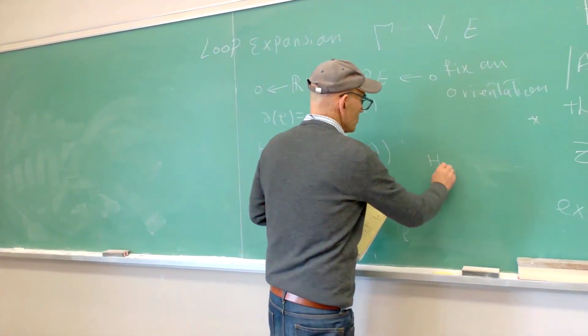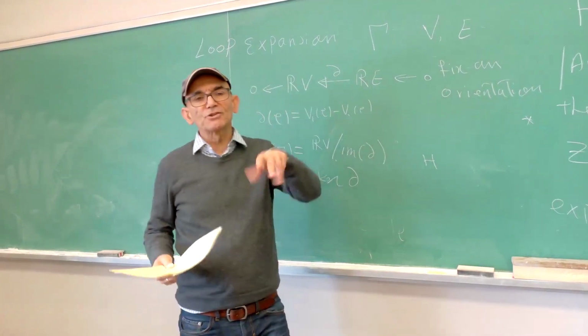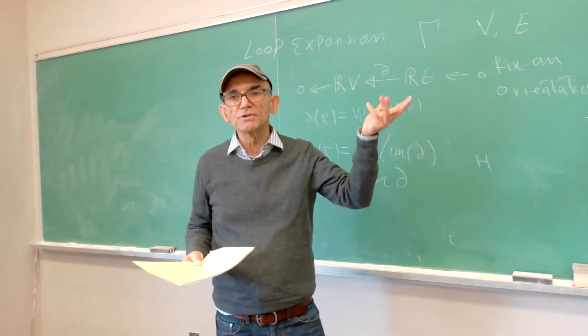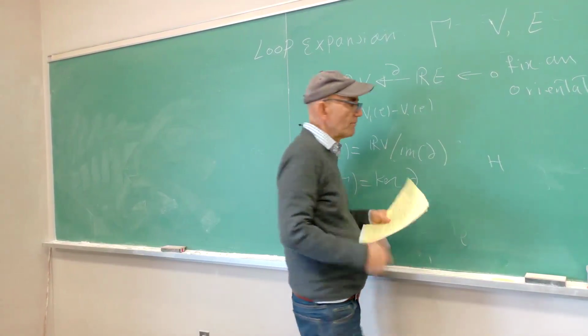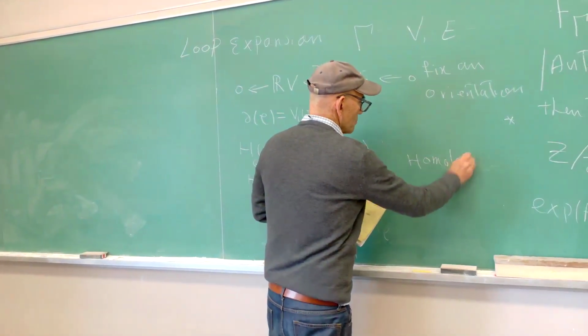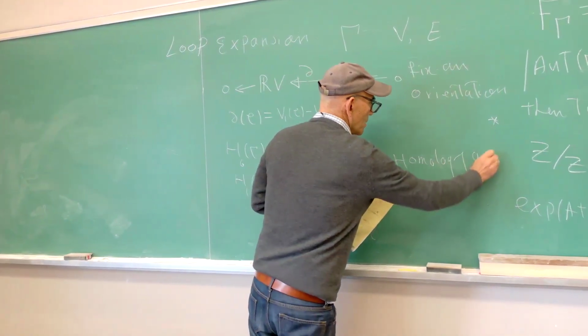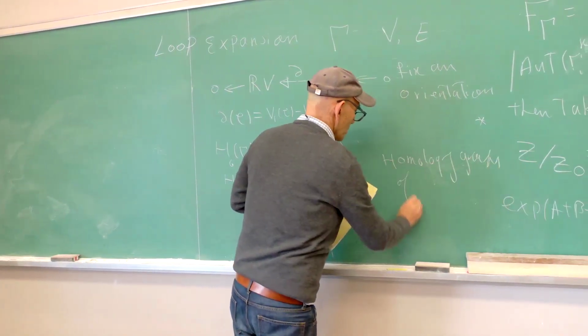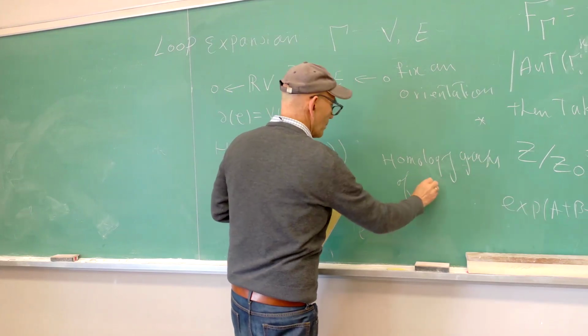A graph is only a one-dimensional object, so it has only two homology groups of gamma.